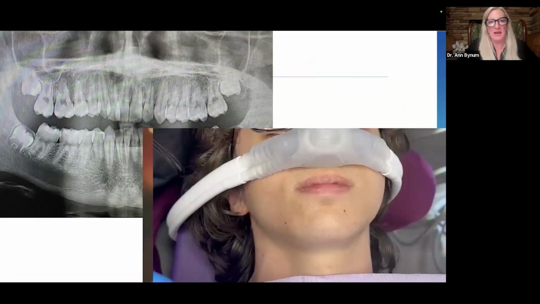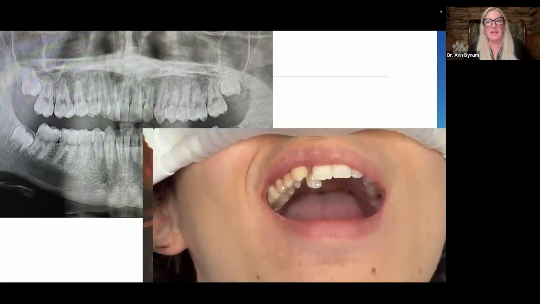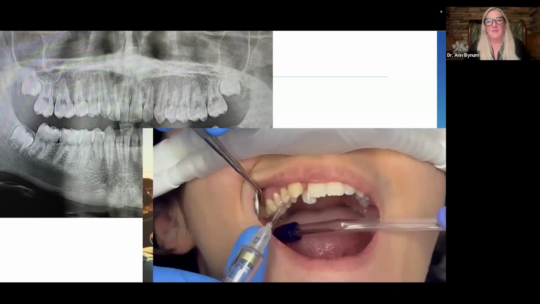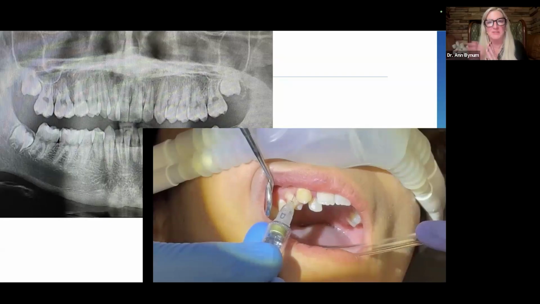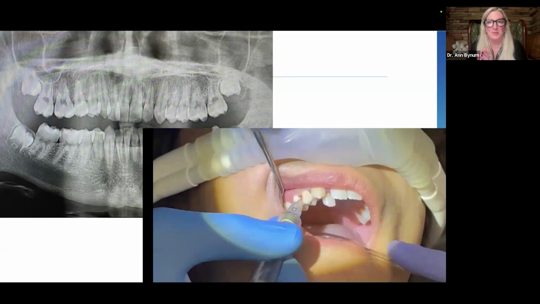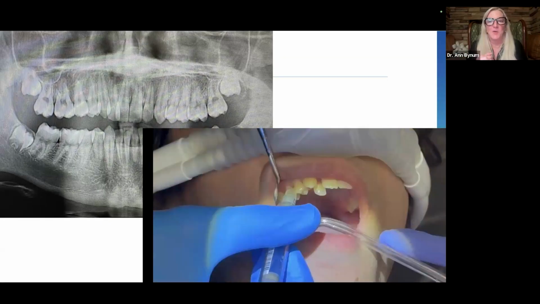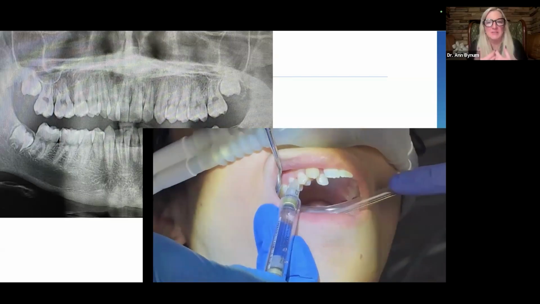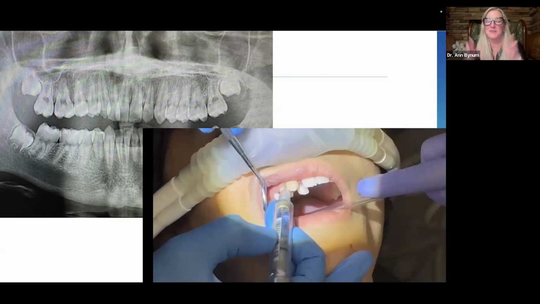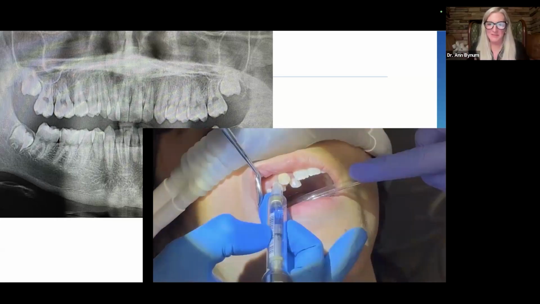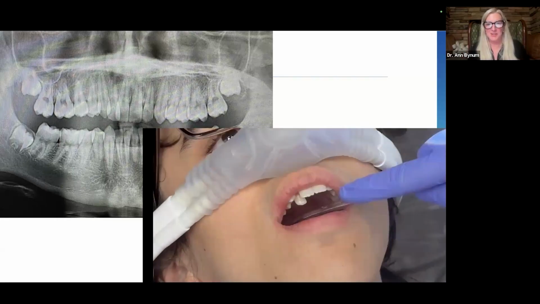This was Dr. Nash in our practice. He's going to take out a premolar. What I want you to know is you do not need to numb on either side of this tooth, but it was his first time taking out an adult tooth using the device. So, to make himself feel a little bit better about what he was about to do, he chose to numb on both sides of the tooth.